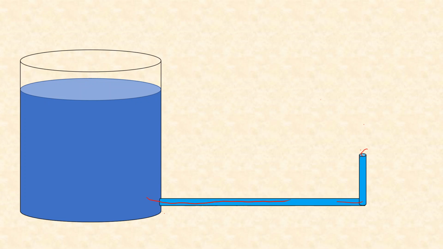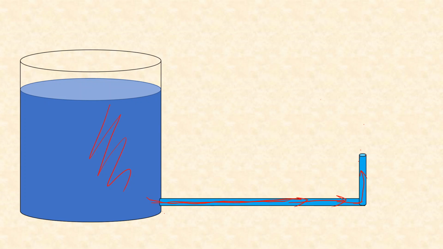And similarly, pressure at this point will also be remaining very high, because water is flowing very slowly, and therefore there is a small amount of loss only, and whatever pressure was here, almost at this point, only a small portion of that pressure is actually reduced and most of the pressure is still intact at this point.